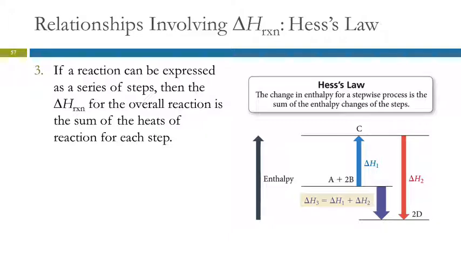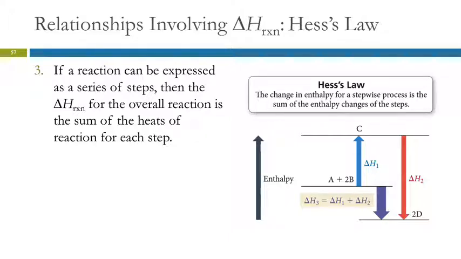And this is a concept called Hess's Law. If you can express the reaction as a series of steps, this reacts to make this, and then that thing reacts to form this other thing, and then here's the overall reaction. So in this example, what do we have here?